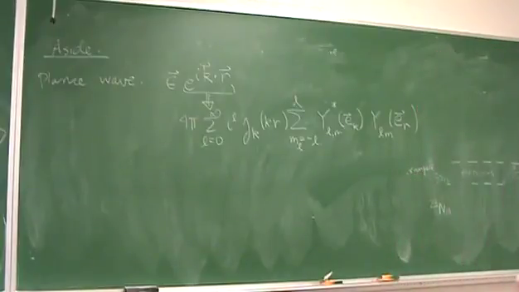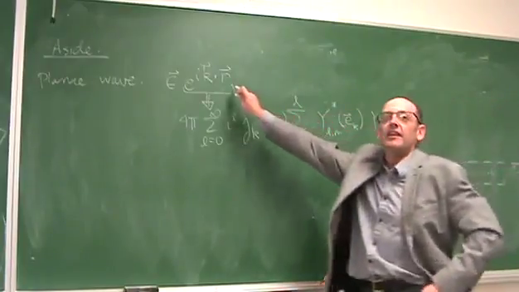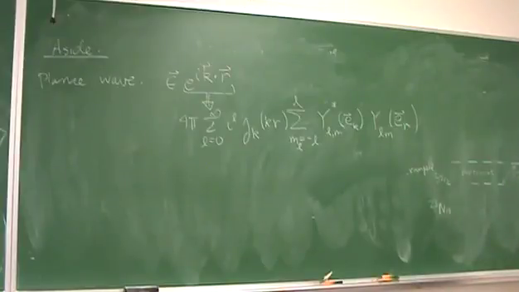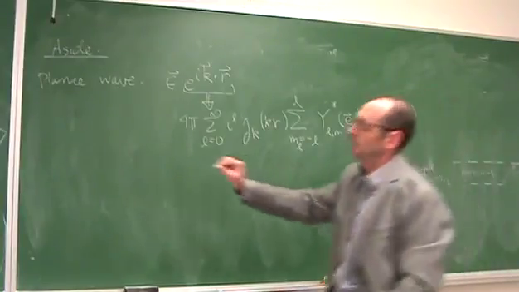So this is just a mathematical identity which says a plane wave can be written as a superposition of partial waves.